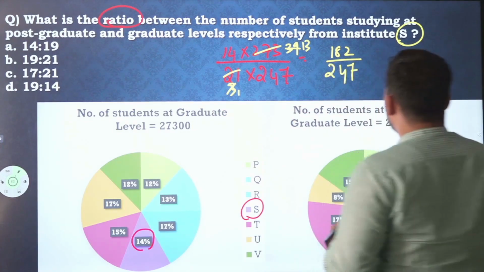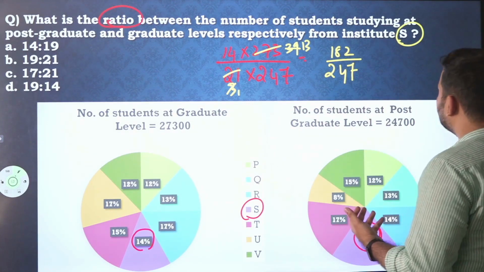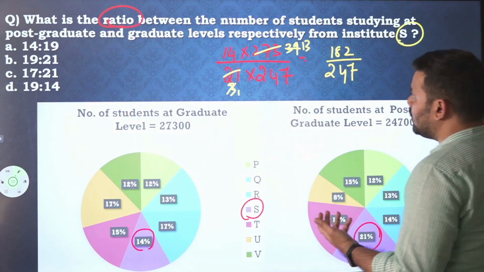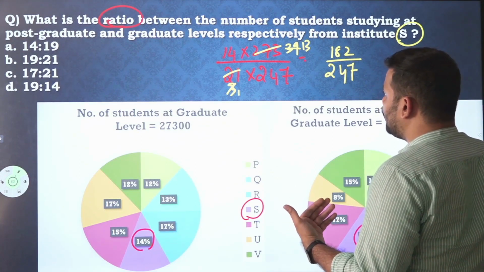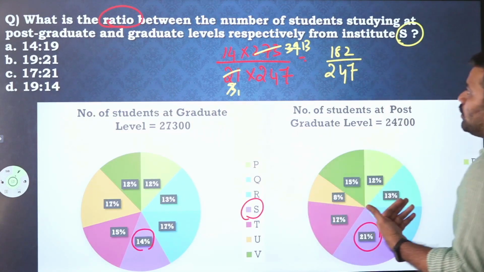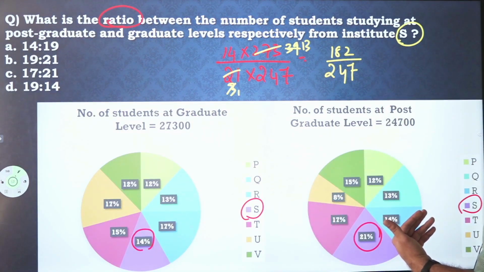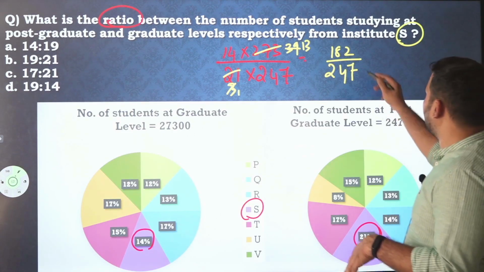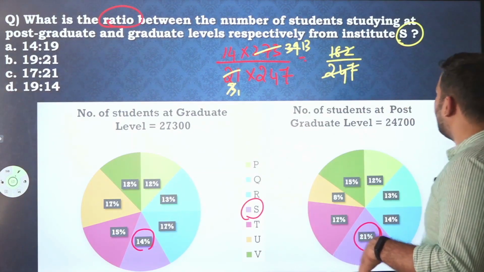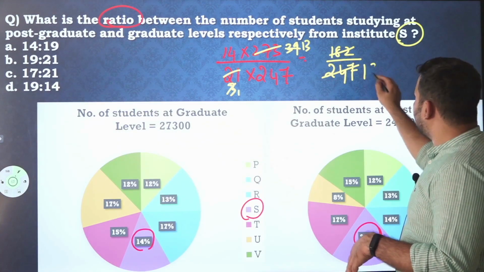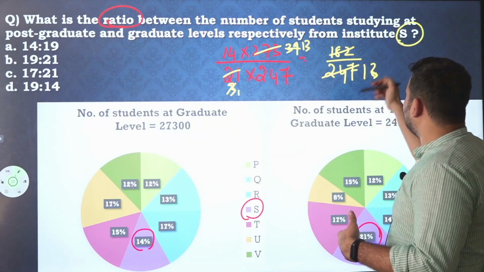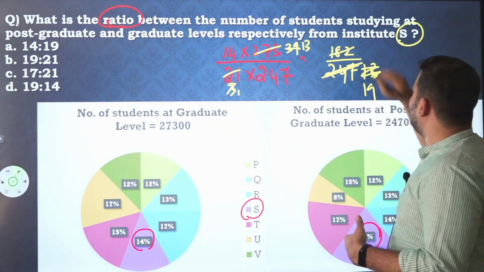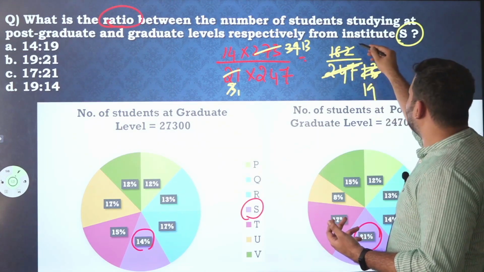How do we simplify this? 247 is not divisible by 14 or 21, so how do we solve this? 190 plus... This is divisible by 19 and this is by 14. 13 9s are... so here it will be 19, and 182 is nothing but 14 into 13, so here it is going to be 14.